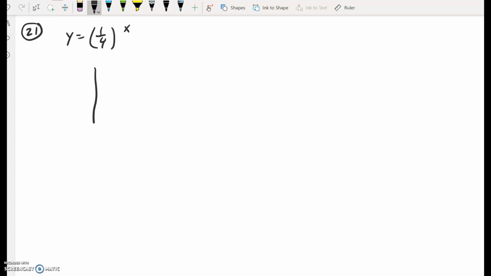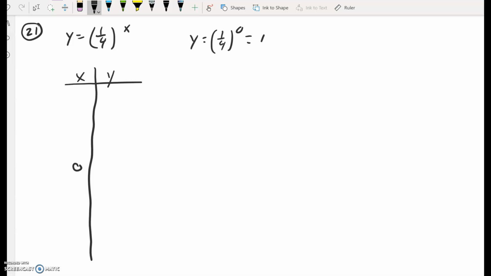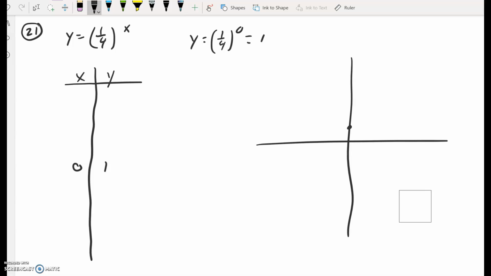But for now, let's do an accurate table of values and see what happens. When I put in x equals 0, I'm kind of curious. I get y equals 1/4 to the 0 power, and that's 1. So I'm going to keep score over here. When x is 0, y is 1.